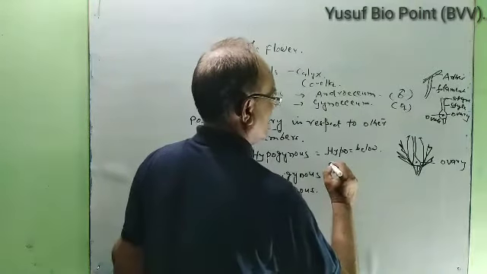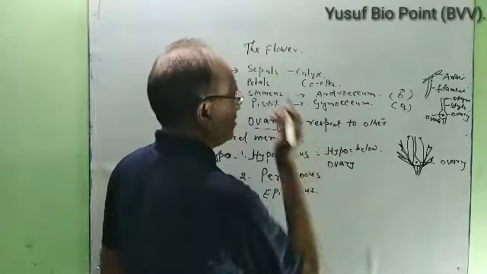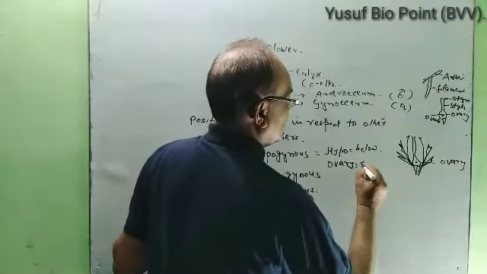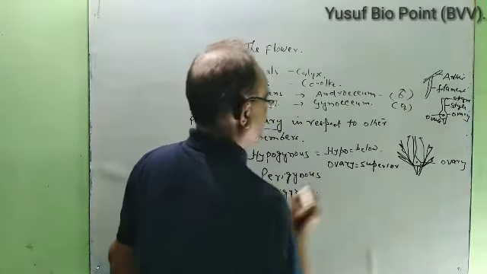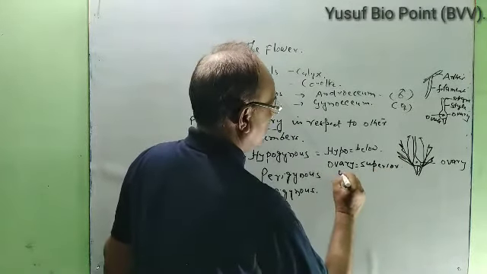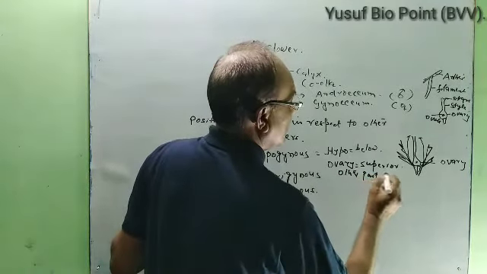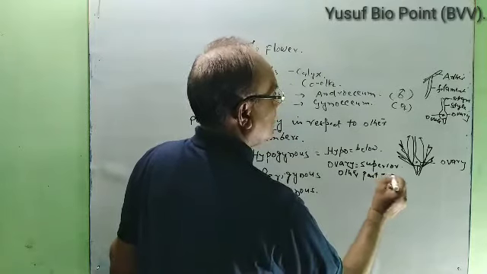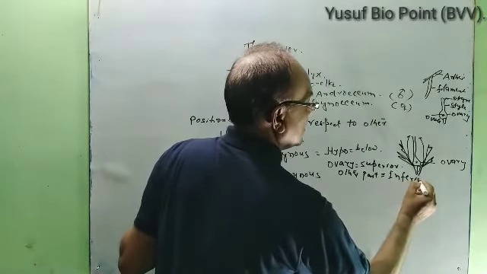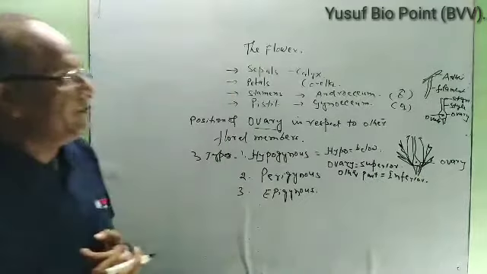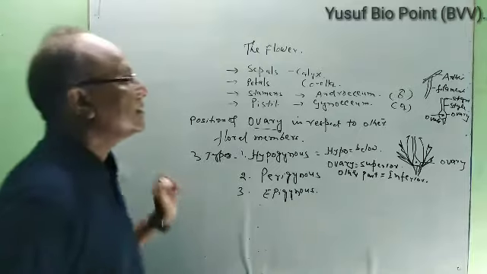So the ovary is on the topmost, so it is called superior, and all the other parts below the gynoecium are called inferior. That is about hypogynous.